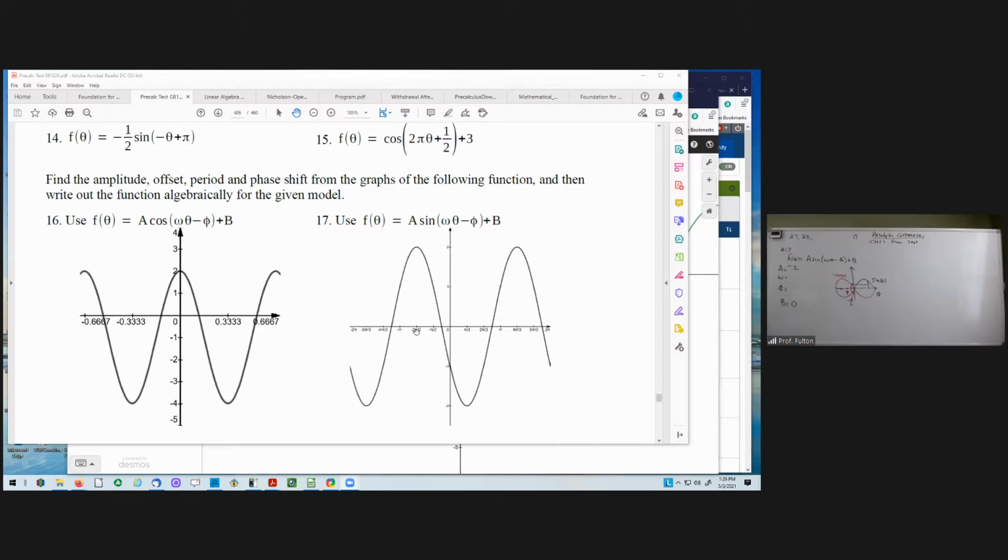So that's 6 pi over 3 is the total distance, right? So 6 pi over 3 is 2 pi. So in this case, my period is 2 pi. Everyone see that? 4 plus that 2 gives me 6 pi over 3. So the distance here to there is 6 pi over 3, which is 2 pi.